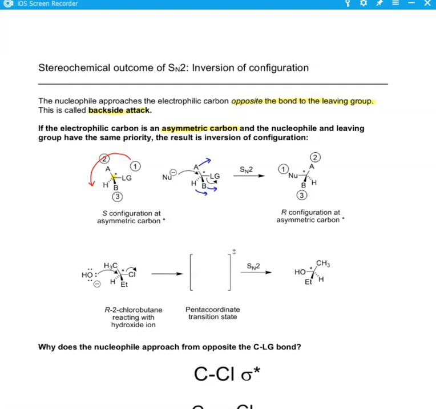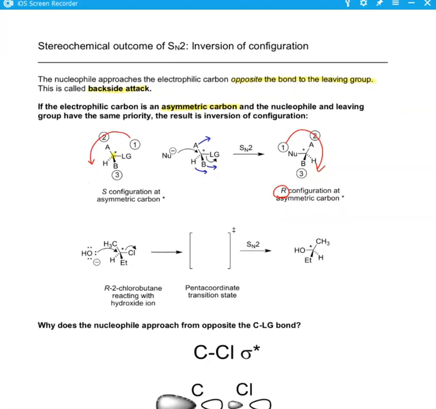So now, assuming that the nucleophile and the leaving group have the same priority, so they're both first priority in this example, and the other two groups, A and B, still retain second and third priorities, now when we assign the configuration, we see that it is R. So the configuration has inverted.